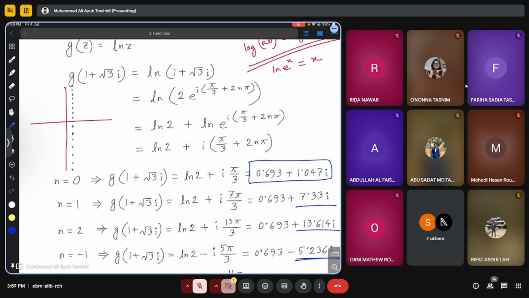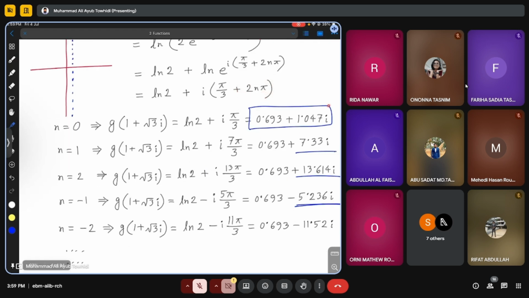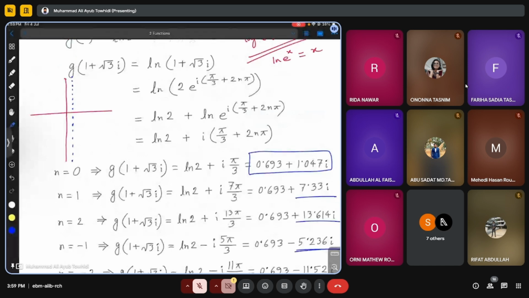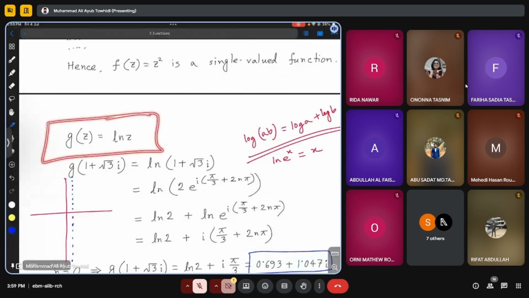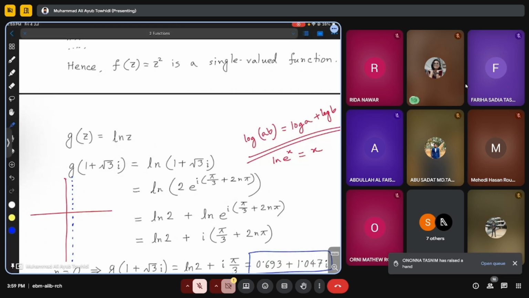So this numerical value will change. This is for 0, this is for 1, this is for 2, -1, -2. If you take different values of n, you will get different results. So this type of function, logarithmic function, is a multi-valued function.